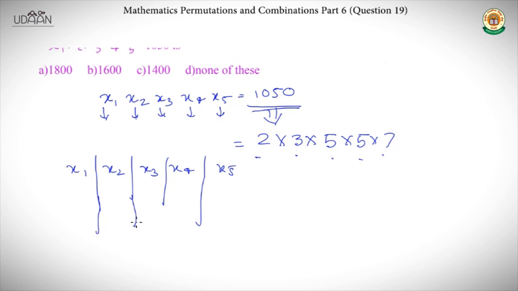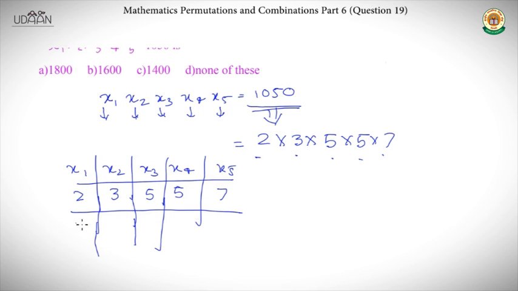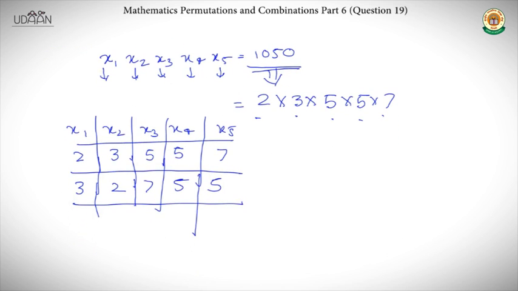Can we say that, let's say, 2 is x1, 3 is x2, 5 is x3, x4 is also 5, and x5 is 7? So this is one case. It satisfies the equation. The other comes, let's say 3, 2, 7, 5, 5, and thus we see all the arrangements of these numbers 2, 3, 5, 5, 7.